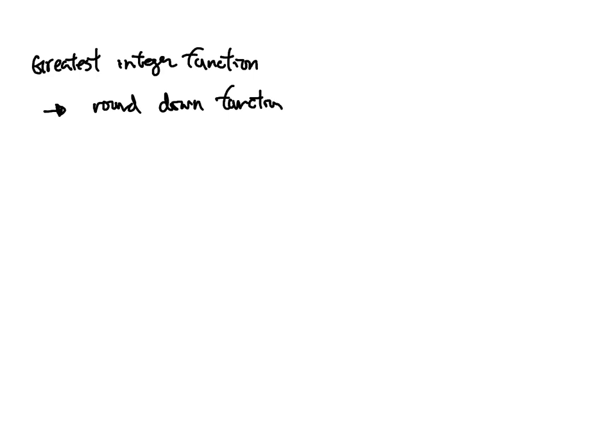So for example, if you have 1.57, we're going to round it down to the nearest integer. So that's going to be 1. 1.99, that is still 1. 0.57, that's going to be 0.